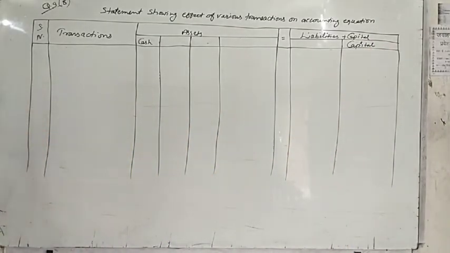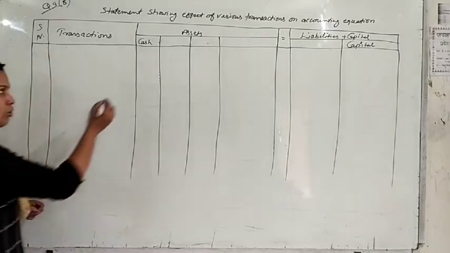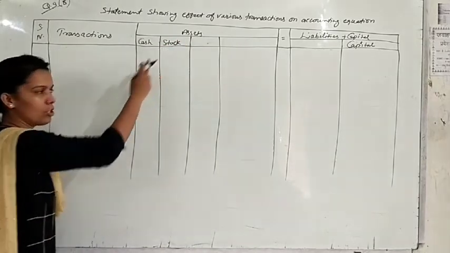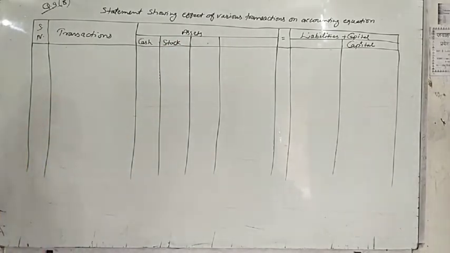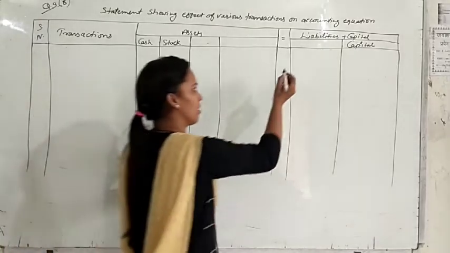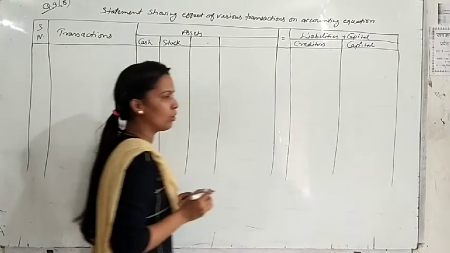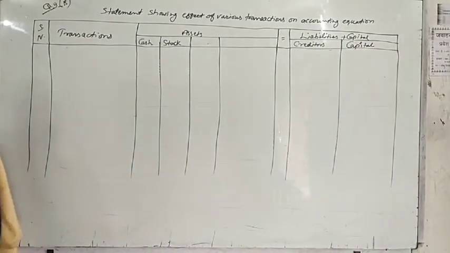Second point, bought goods for cash and on credit. You are purchasing goods. If you are purchasing goods on cash, then cash account and stock account are affected. If you are purchasing goods on credit, then that is stock and creditors. Goods costing 75,000 rupees, sold at a profit of 33 1/3%, half the payment received in cash.